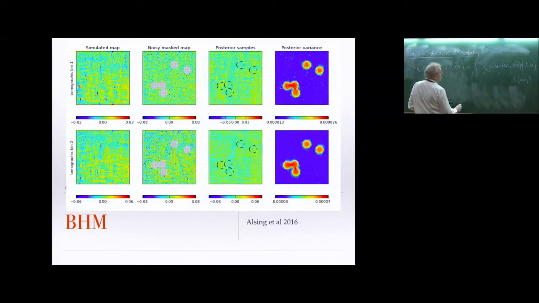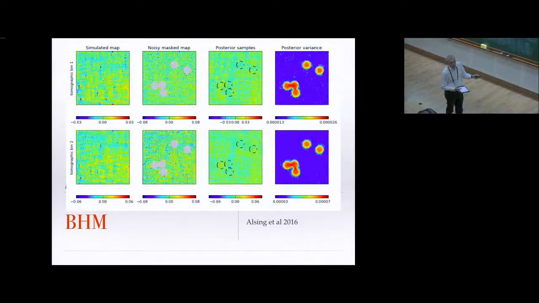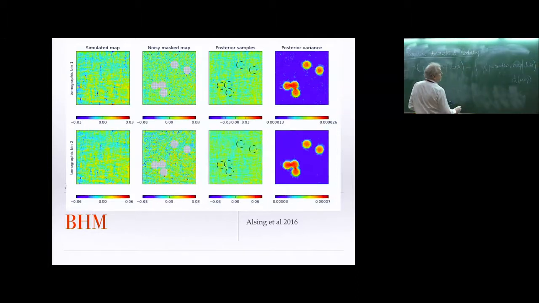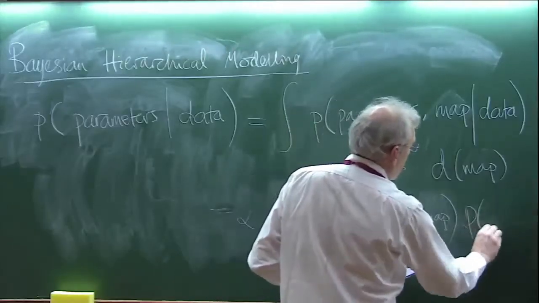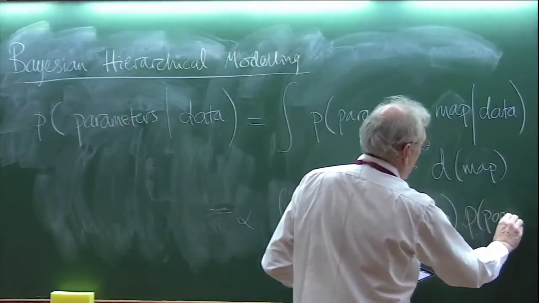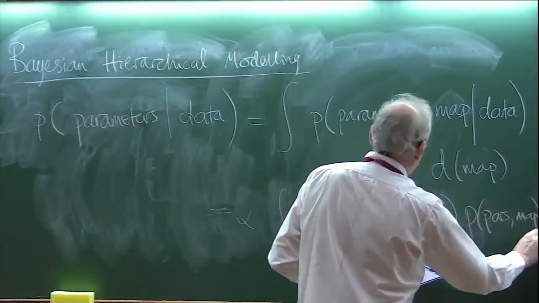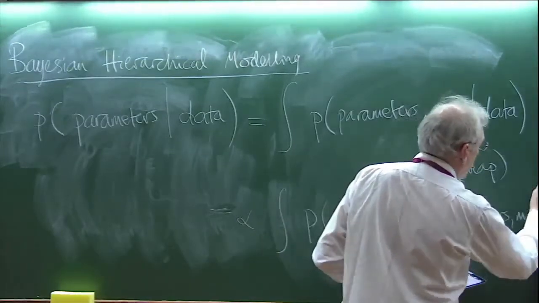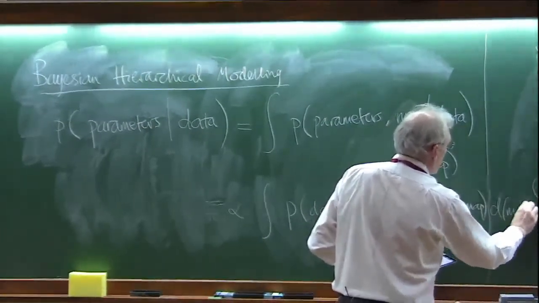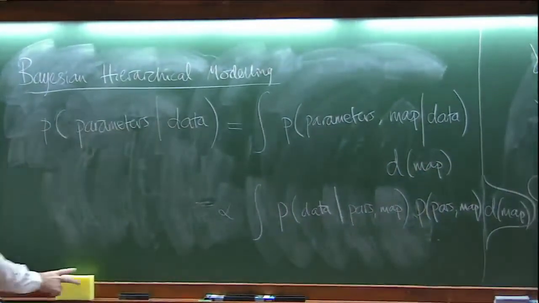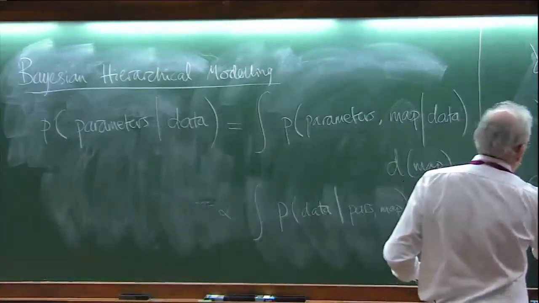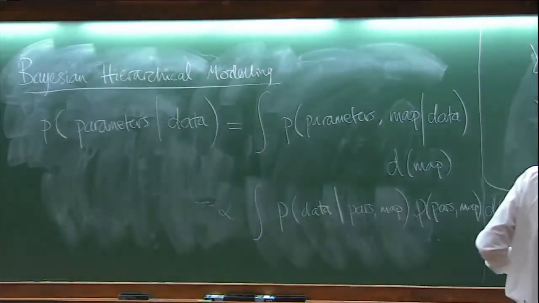The nice thing about this is that we can write this using Bayes' theorem as proportional to the probability of the data given the parameters and the map, times the probability of the parameters and the map, and then marginalize over the map. Some of these quantities we know.